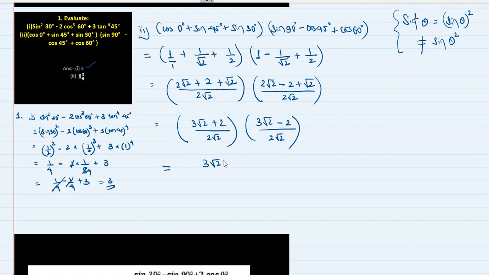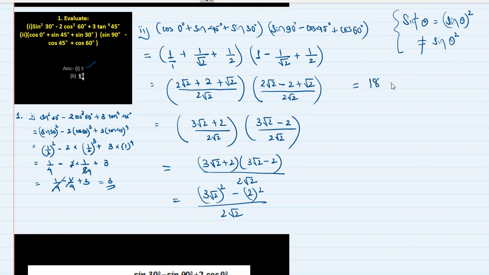So 3 root 2 plus 2 bracket 3 root 2 minus 2, the whole upon 2 root 2. So 3 root 2 the whole square minus 2 the whole square, the whole upon 2 root 2. So 3 root 2 square is 18, minus 2 square is 4, upon 2 root 2.